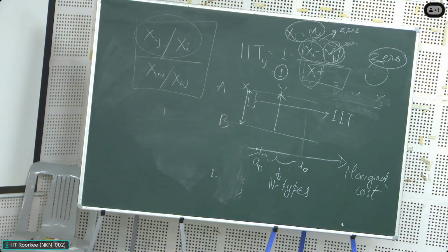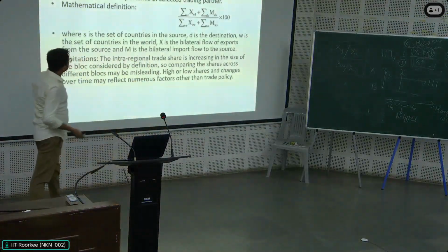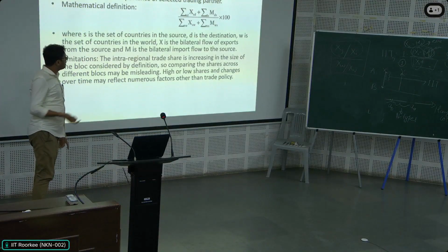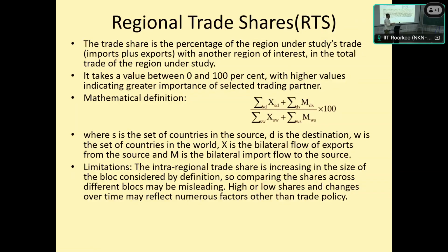Basically, we start with the export and import of the source country, and D stands for the destination country, and in the numerator it is about the particular country. A stands for the source country, D for the destination country, and W is the set of countries in the world. A stands for the source where exports are made.